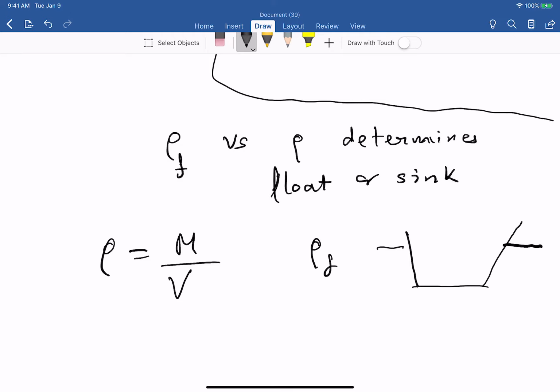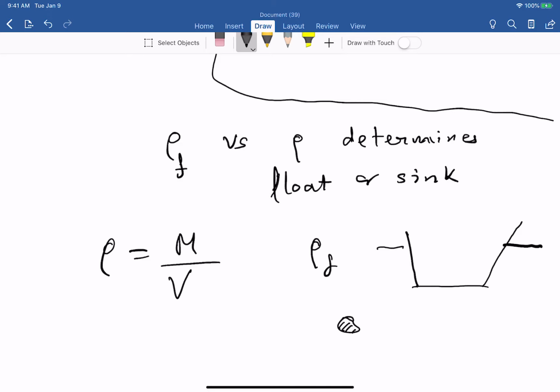If you take the mass of the ship divided by its volume, you get a much smaller number than if you had taken a piece of iron of the same material and divided its mass by its volume. Then you would have gotten the density of iron, which is much greater than the density of water.